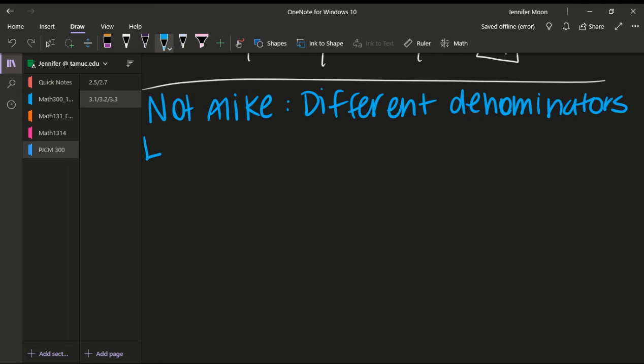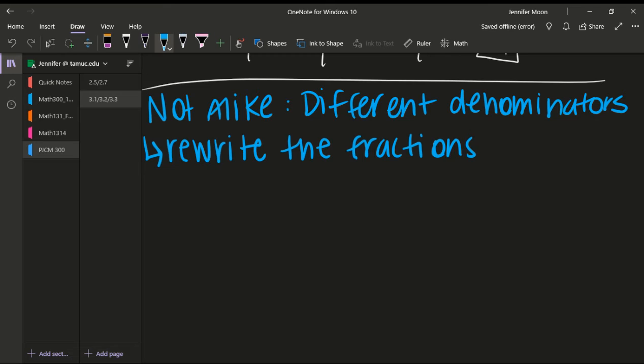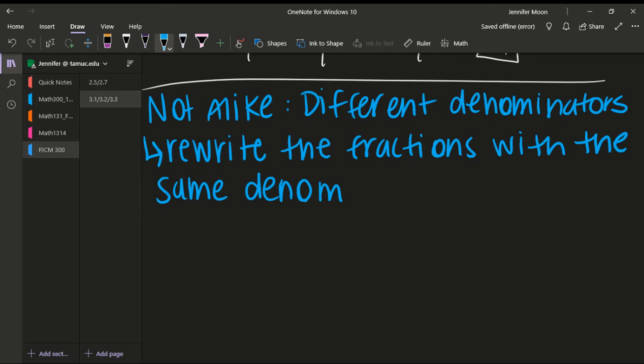Okay, so what we do is we rewrite the fractions with the same denominator. We need them to be the same denominator so they can be added or subtracted.